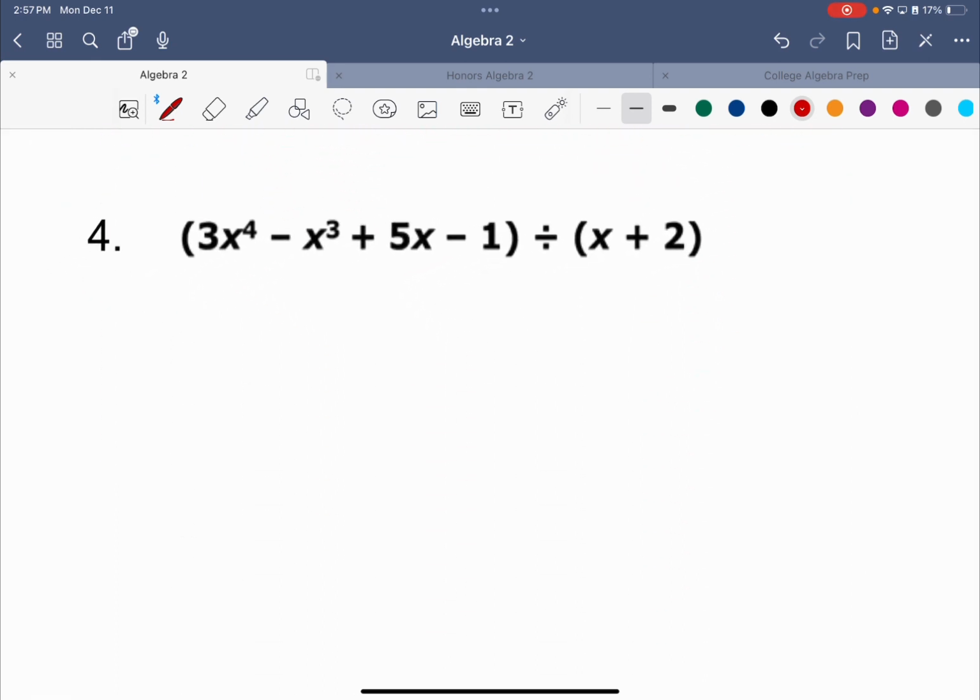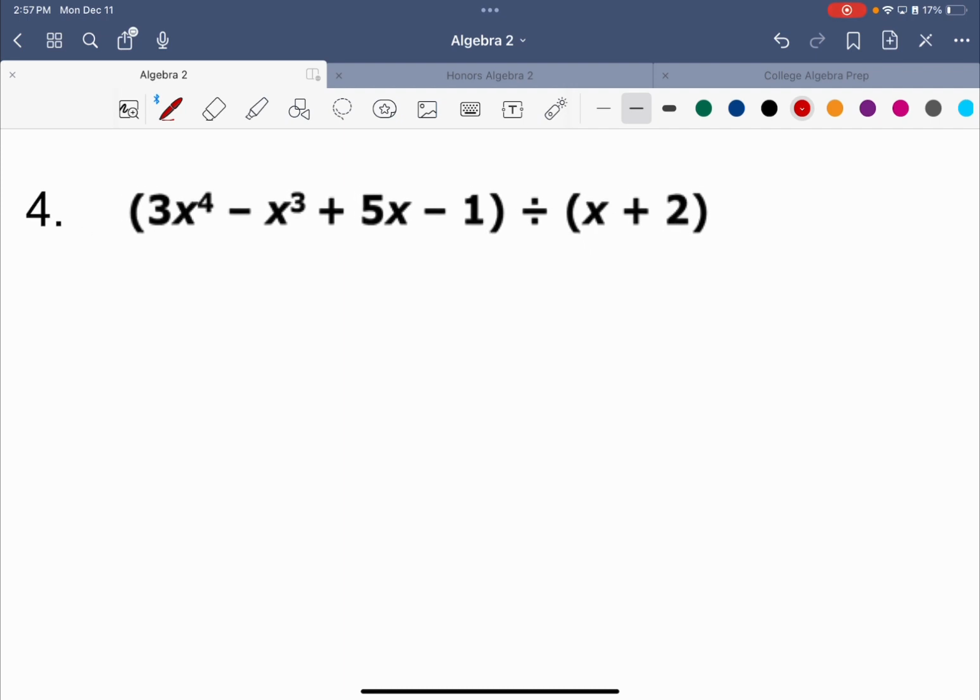All right, give this one a shot. See how you do. 3x to the 4th minus x cubed plus 5x minus 1 divided by x plus 2. See what you get.